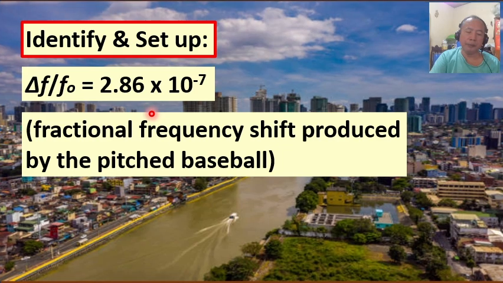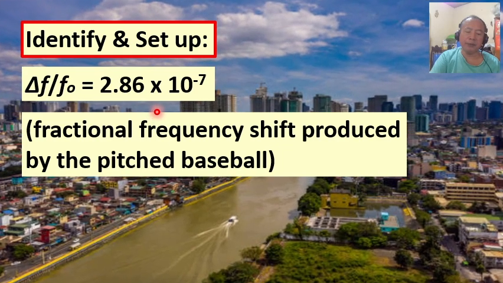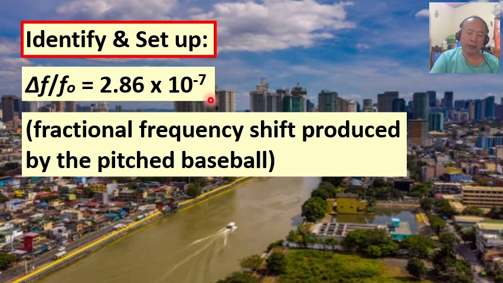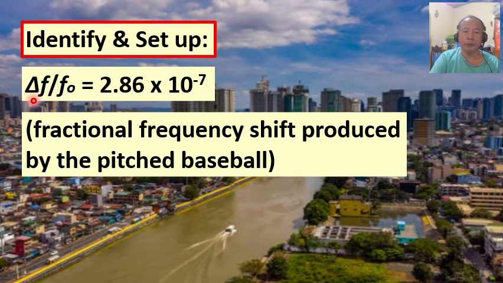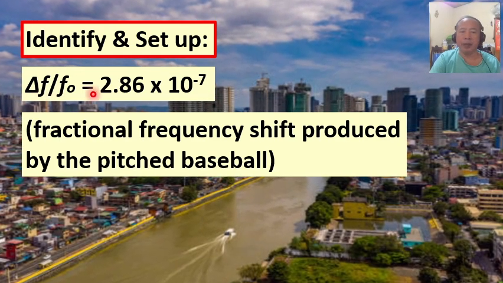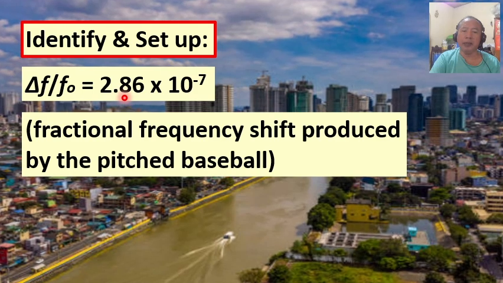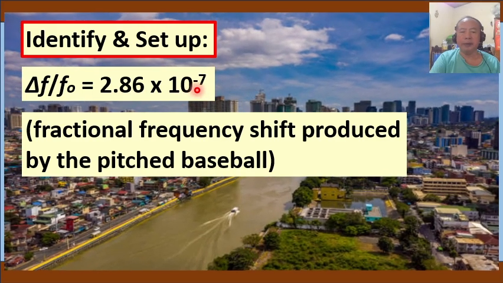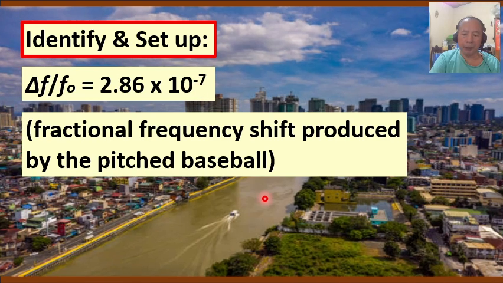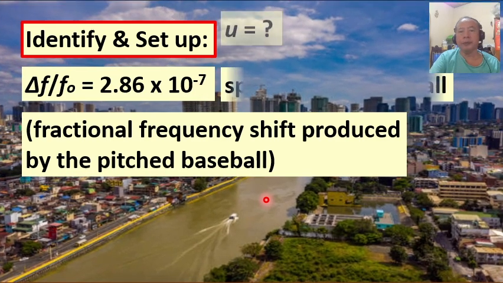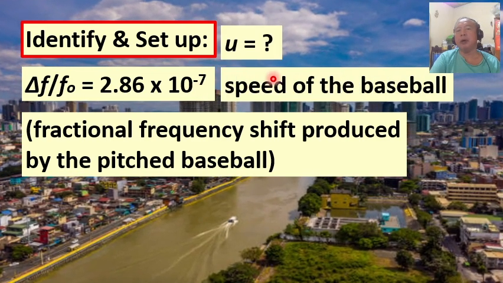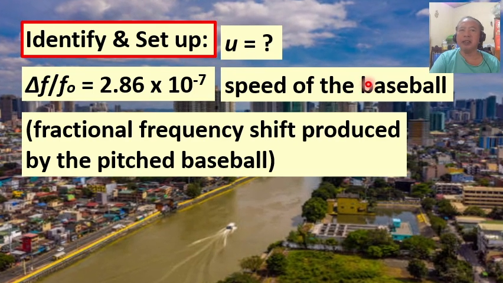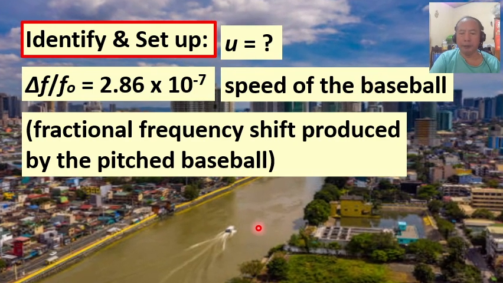In this problem, we are given the fractional frequency shift produced by the pitched baseball. That is, delta f over f naught equals 2.86 times 10 raised to the negative 7. And our target variable is the speed of the baseball, denoted by small letter u, to be expressed in kilometers per hour.